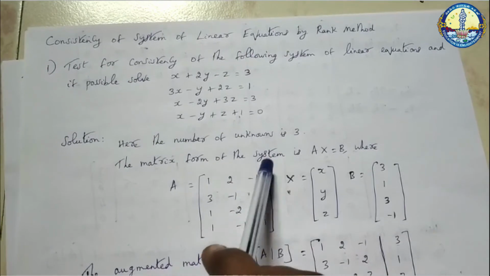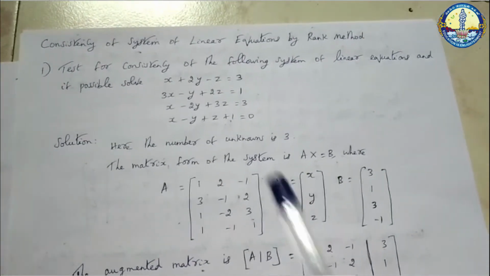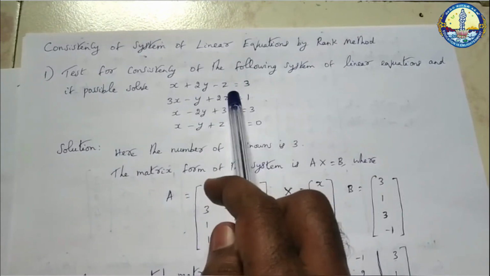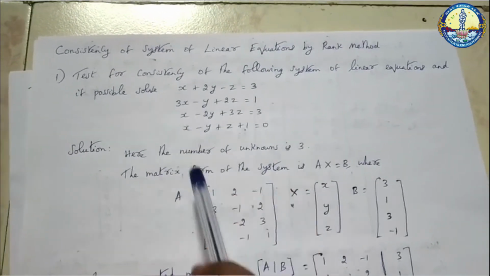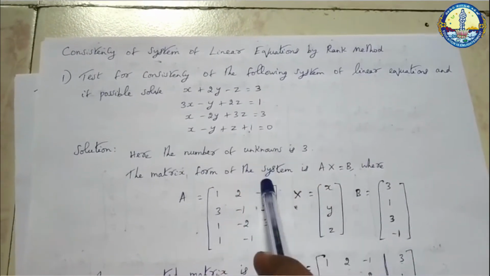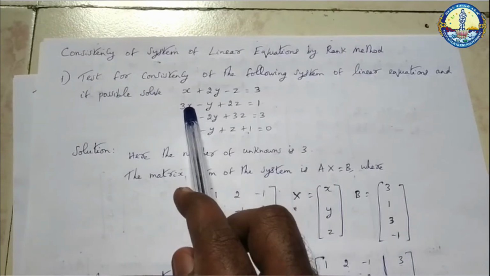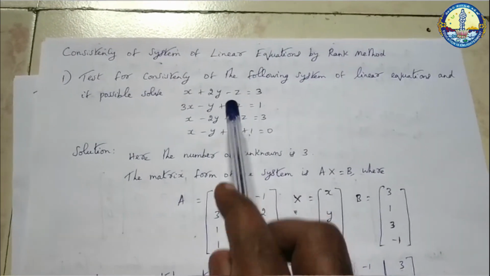So the matrix form of the system is AX equals B, where A is the coefficient matrix of x, y, z, with first row, second row, third row, fourth row. First equation: x is 1, y is 2, z is minus 1. Second equation: x is 3, y is minus 1, z is 2.